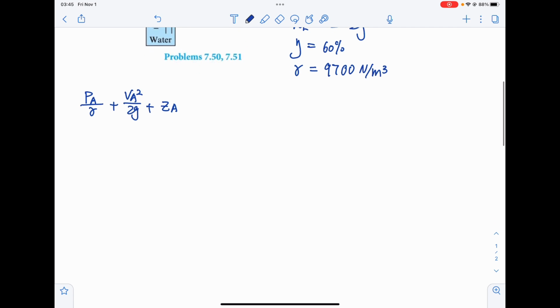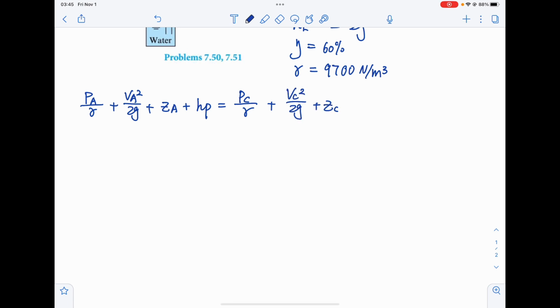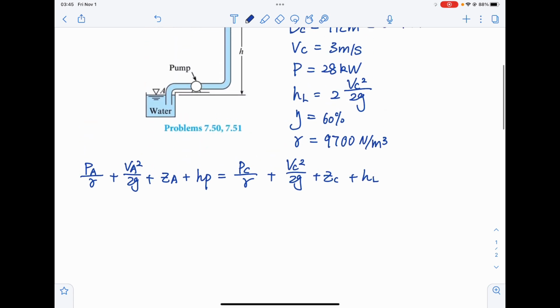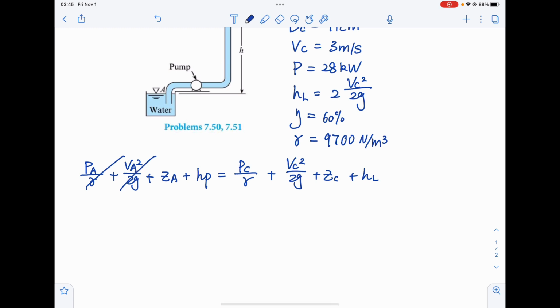And because it's a pump, it's on the left side, head of pump, equals PC over gamma plus VC squared over 2G plus ZC plus the head loss. So PA is 0, VA is 0, PC is 0, and the difference between the ZA and the ZC is the term H.